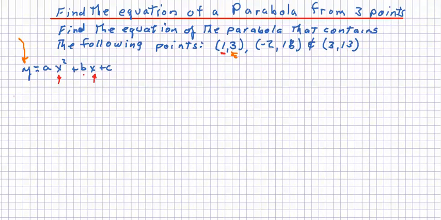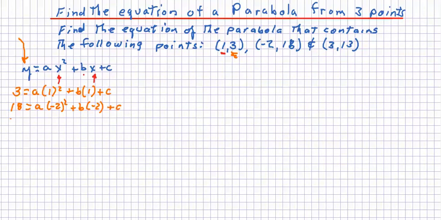So our first one is 3 substituted in for y equals a times 1 squared plus b times 1 plus c. Our next one is 18 equals a times negative 2 squared plus b times negative 2 plus c.